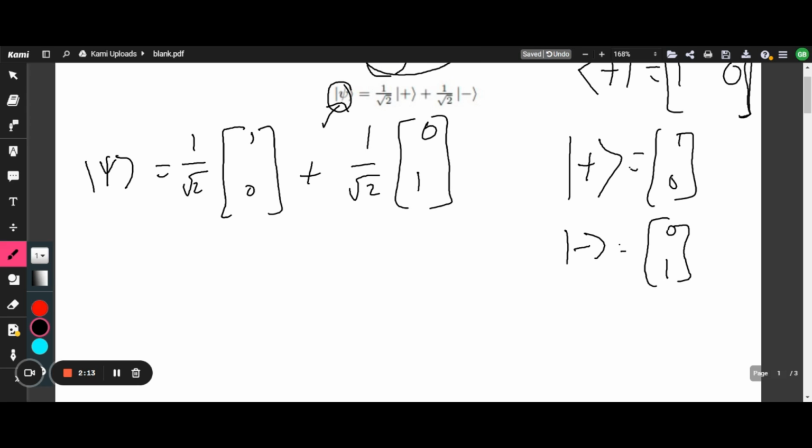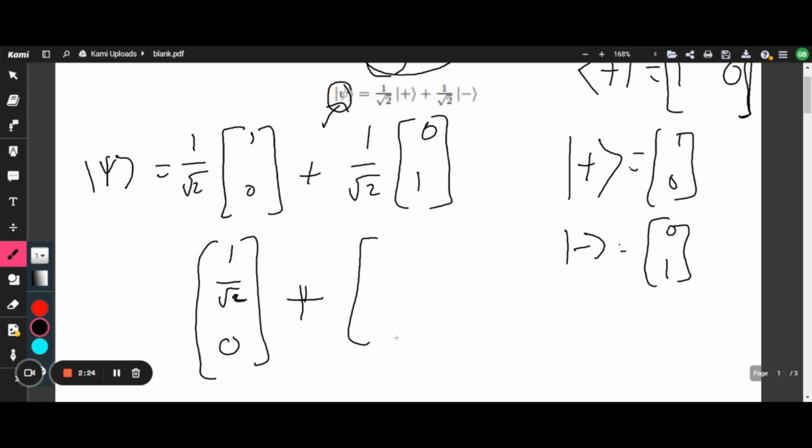By multiplying this, we get 1 over square root 2, 0, plus 0, 1 over square root 2.